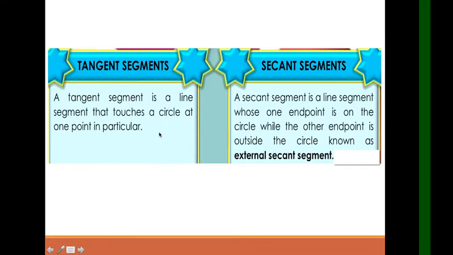Okay? Now, for the tangent segment, a tangent segment is a line segment that touches a circle at one point in particular. And a secant segment is a line segment whose one endpoint is on the circle while the other endpoint is outside the circle, known as the external secant segment.